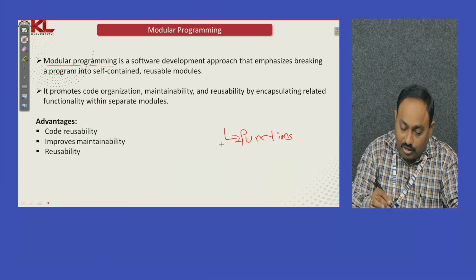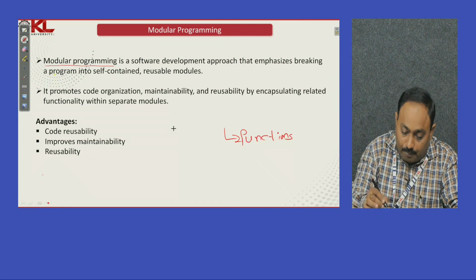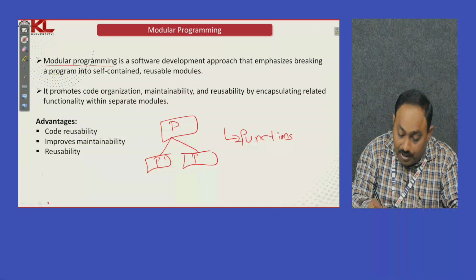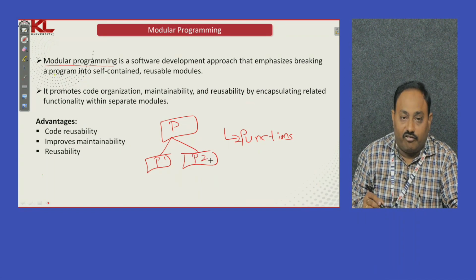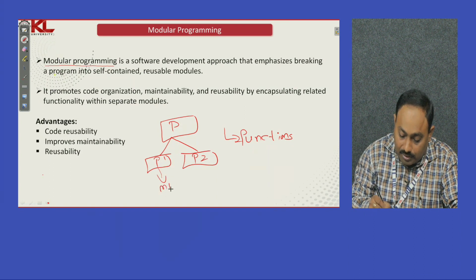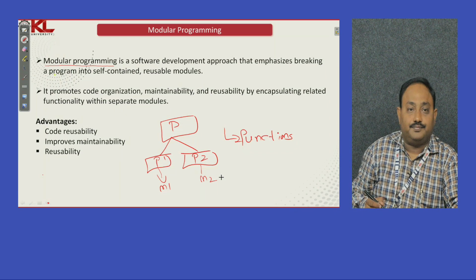For example, if we have a problem like P, and some subproblems like P1, P2, let us assume that P1 and P2 are the subproblems of P. Then we can implement P1 as one module, module 1, and P2 as another module, module 2.